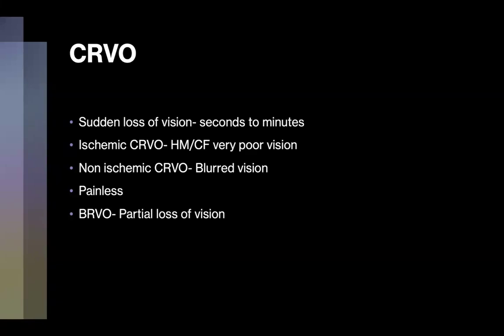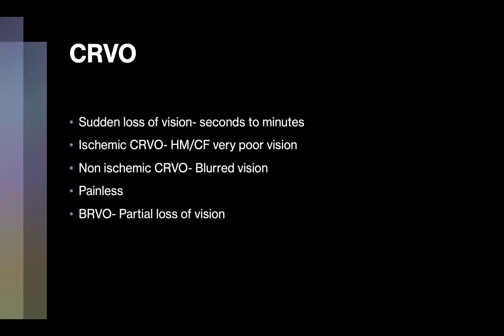In the non-ischemic one, the visual loss is not that bad. It can be from 6/6 to 6/36, 6/24, like partial loss of vision. Partial in the sense that it's not a partial part of the visual field, but the reduction of vision is not as bad as in the ischemic type of central retinal vein occlusion.